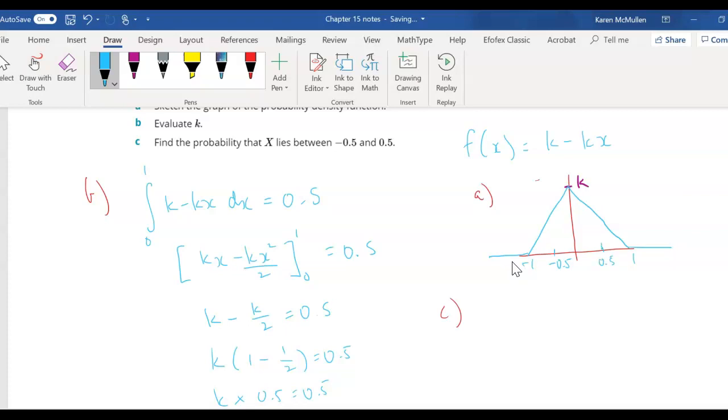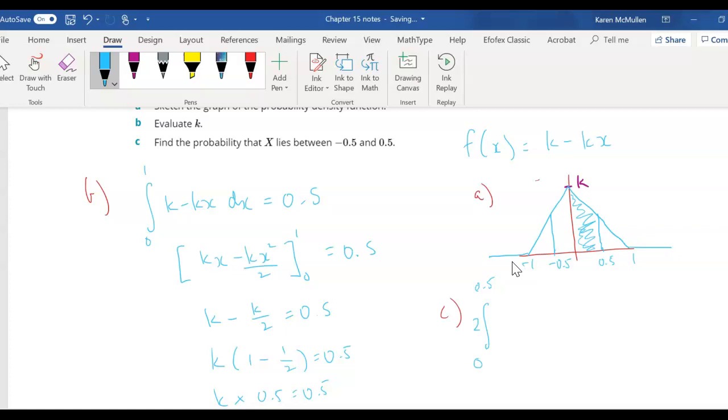So the area here is the same as the area on the other side. So I don't need to go from negative 0.5 to 0.5. I can just go from 0 to 0.5 and then multiply it by 2, because it's the same both sides.